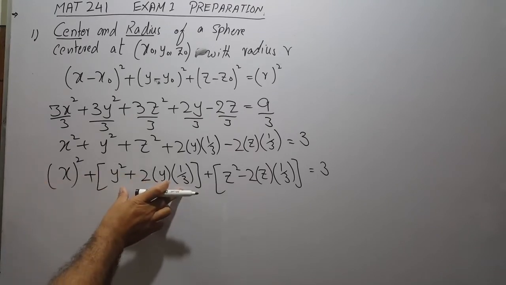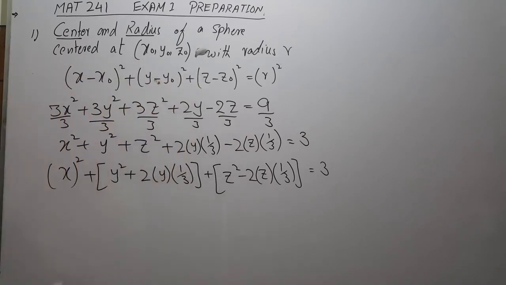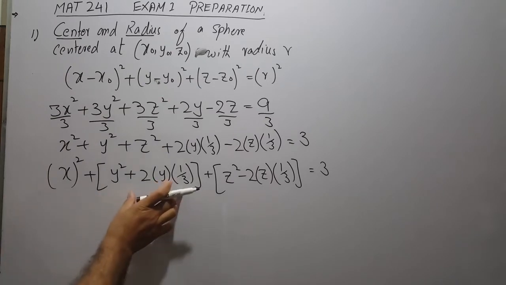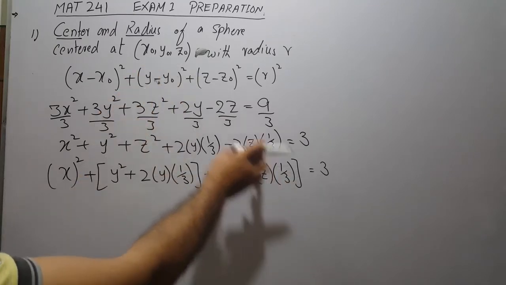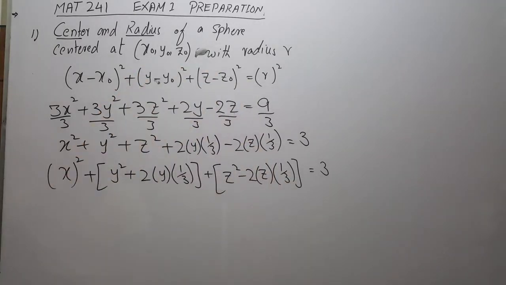We have to make this one in this format. So how do we do that? By completing the square. I can do this separately, or you can just do it straight away over here. So that is x whole square. Completing the square means you take the square of the first one.